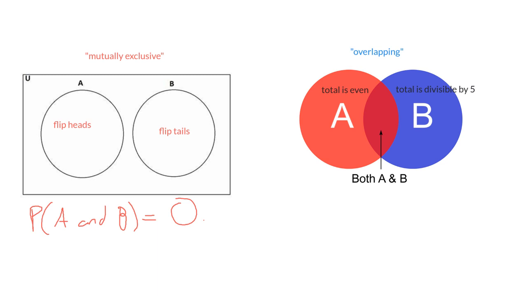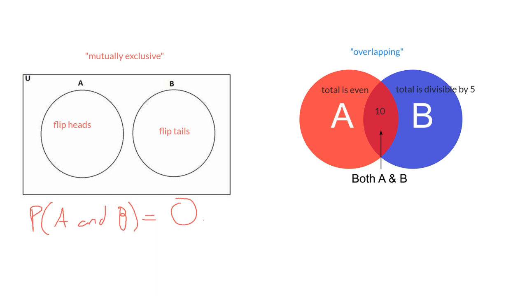The reason I say these two are overlapping is that if you roll 10, you actually have an even total and a total that's divisible by 5. So both those events can happen at the same time. Not every even roll is going to be a 10, and not every roll divisible by 5 is going to be a 10. But there is a way that both can happen at the same time.